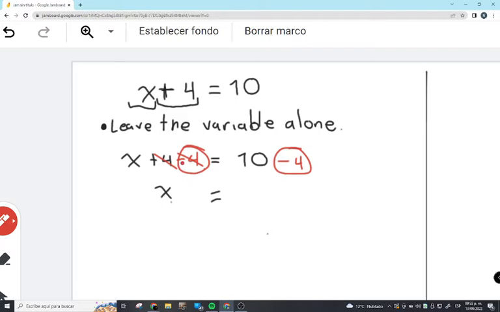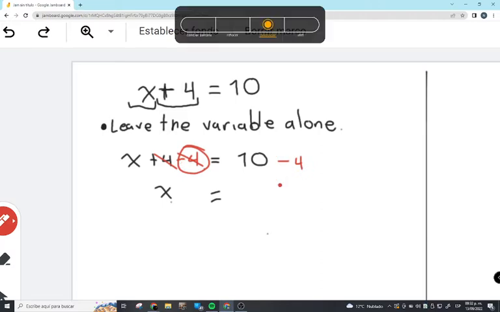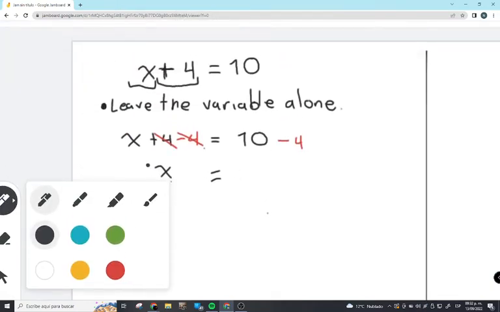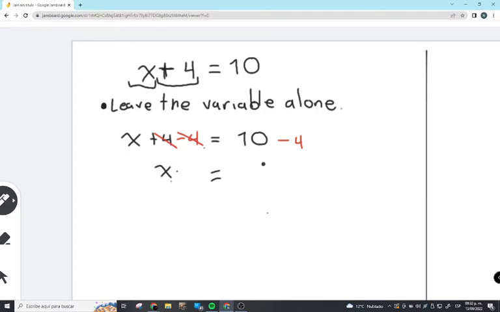Minus 4 here, minus 4 here. If you follow me here, now you're going to see that on this side it's just x, and on this side 10 minus 4 is 6. What we said some moments ago: x is equal to 6.